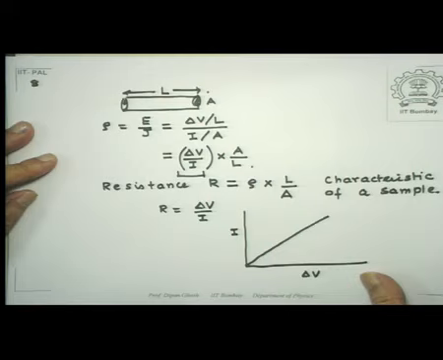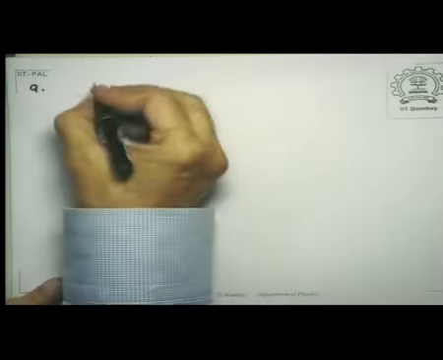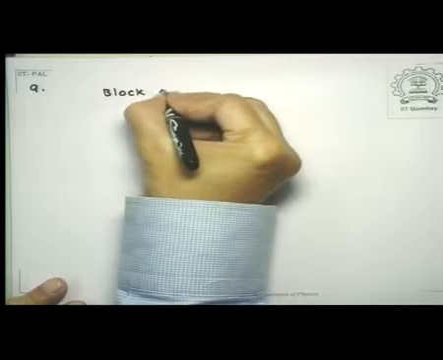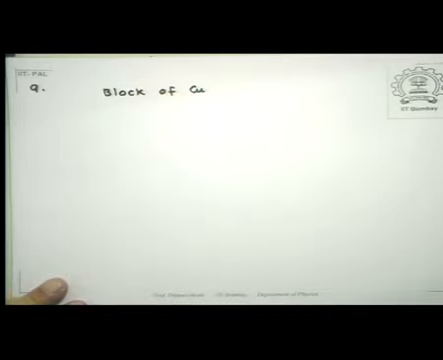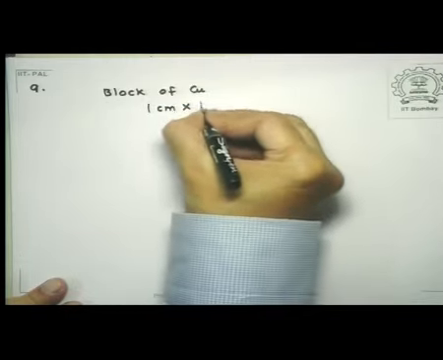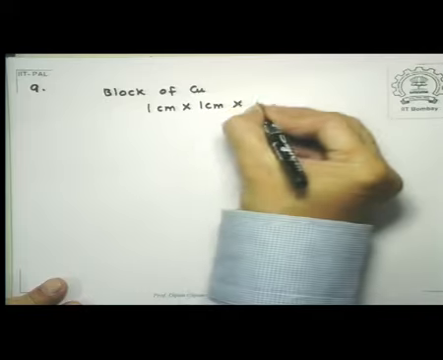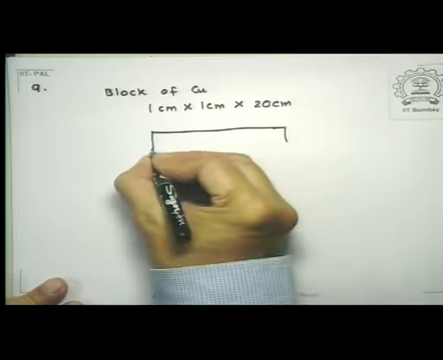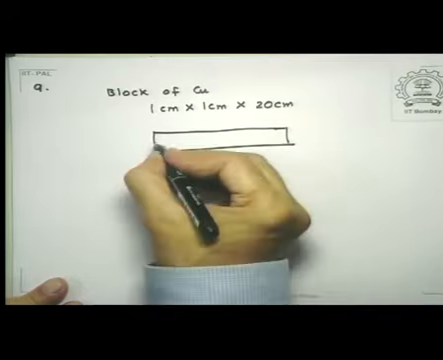So, let me give you an example to calculate the resistance of a sample. Let me take a block of copper. Suppose it has a dimension of 1 centimeter by 1 centimeter by 20 centimeter. Let me try to draw it, not to scale obviously, because length should be 20 times as much.